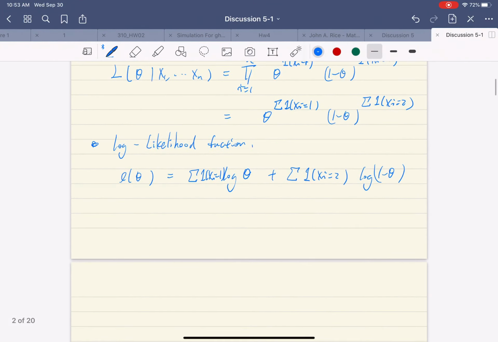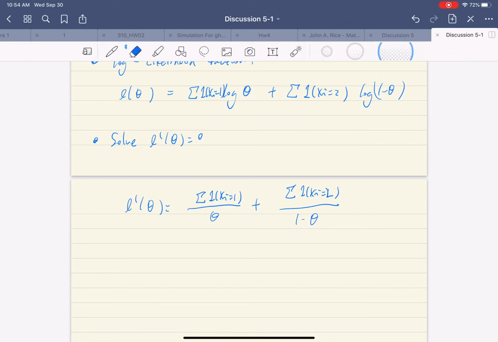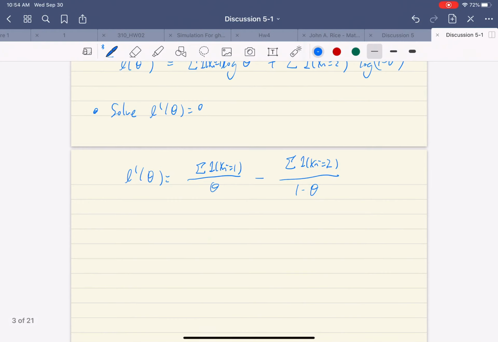And the next step, we have to solve the first derivative equal to 0. The first derivative is the summation of the indicator function Si equal to 1 over theta, minus the summation of the indicator function Si equal to 2 over 1 minus theta, and here is negative.